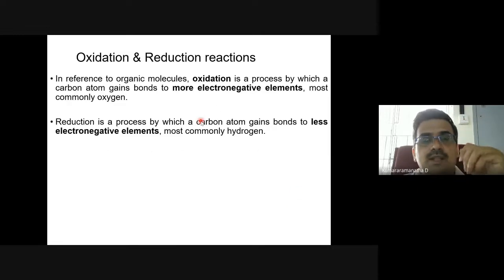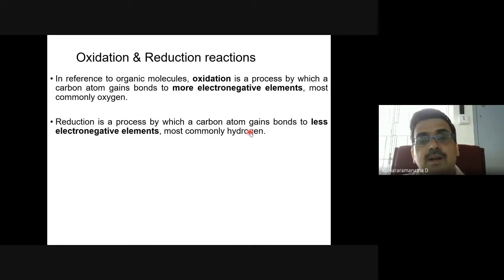With reference to organic molecules, oxidation is where the carbon atom gains bonds, especially bonds to more electronegative elements, preferably oxygen. You call it oxidation.